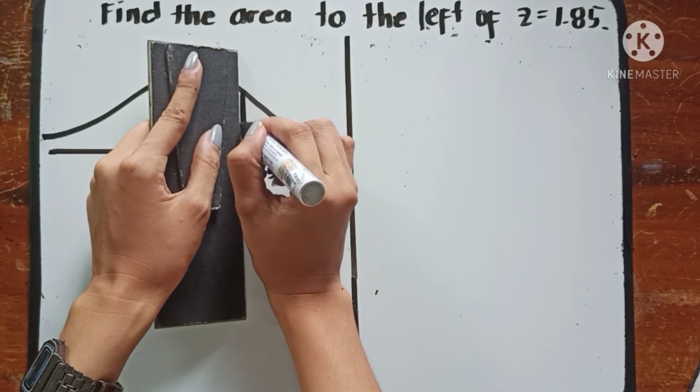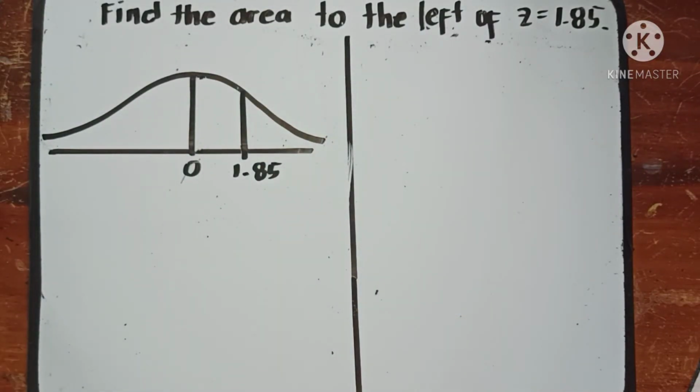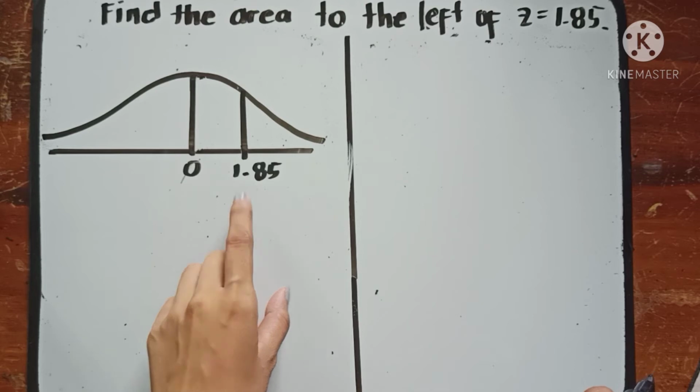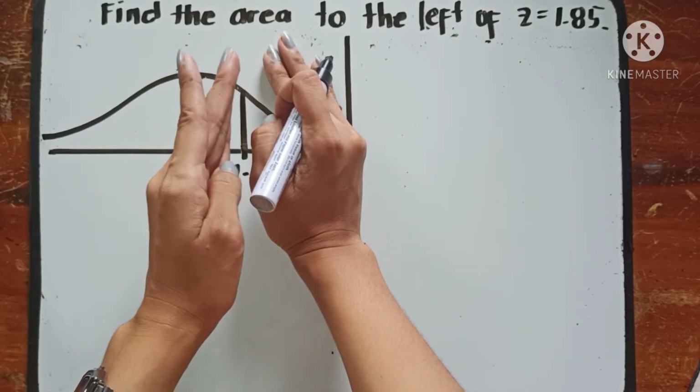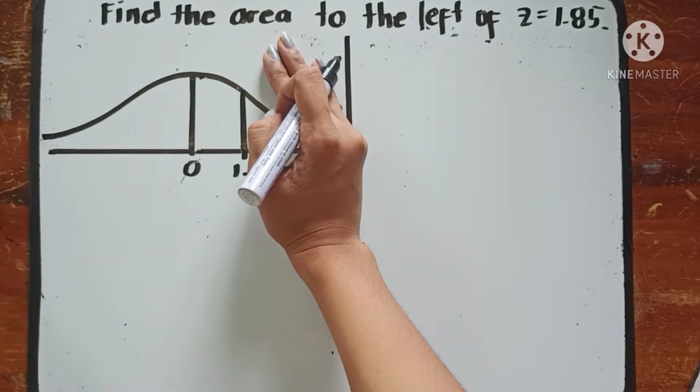Okay, so next, analyze na mabuti ano ba yung hinihingi sa atin. Okay, so ang hinahanap natin is area to the left. Okay, so area to the left of z is equal to 1.85. So, ibig sabihin po, from 1.85 papunta sa kaliwa.